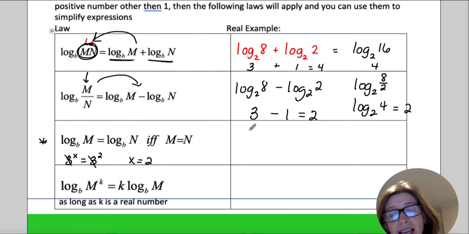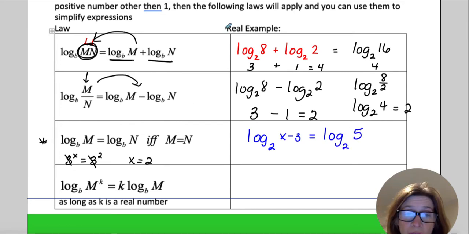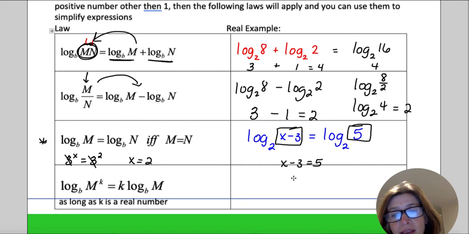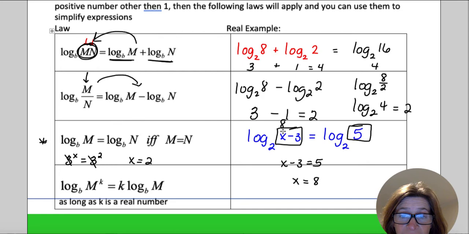If I give you log base 2 of x minus 3 equals log base 2 of 5, well, the structure of the equation means that this has to be equal to this. So x minus 3 has to equal 5, and x would equal 8. Think about that. If I plug in 8, 8 minus 3 is 5, then they are equivalent expressions.